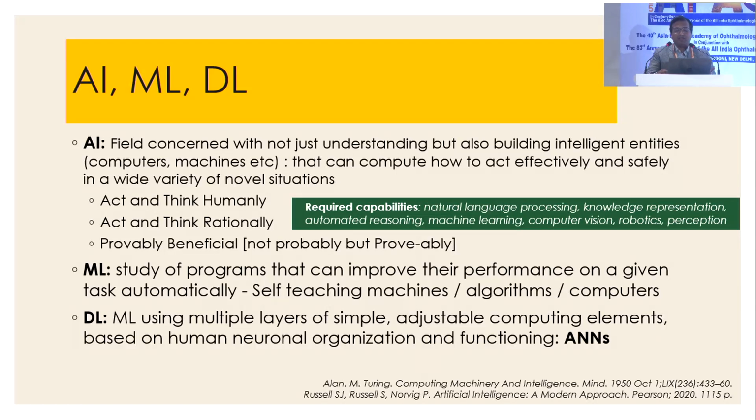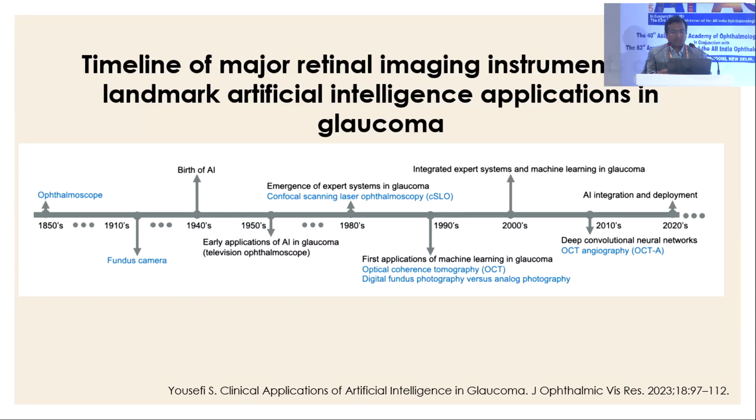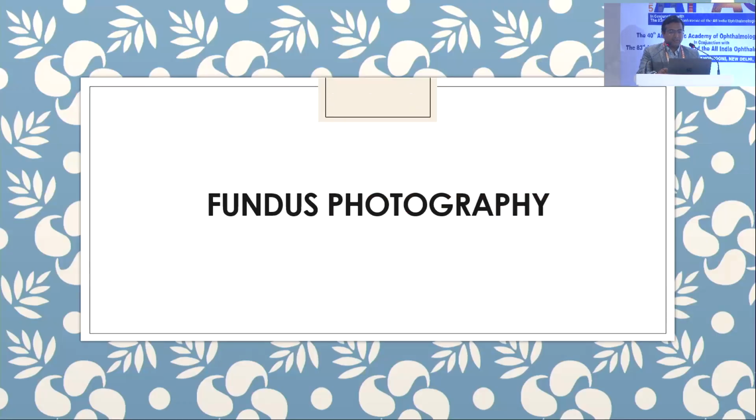Whereas machine learning is when we are developing algorithms and programs that self-learn. And deep learning is another subset where we are using neural network based architectures for developing our machine learning approaches. The field of machine learning and artificial intelligence has been developed since the 1940s, but over the last 10 years or so, we have seen a great explosion in this area.